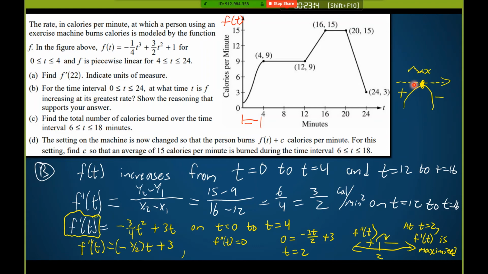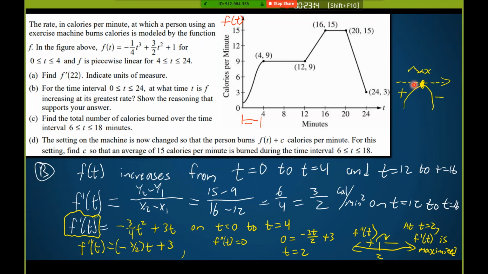So for the entire graph, 0 to 24, where is the slope of f of t as big as possible? What time? Anyone? 0 to 4. 0 to 4, more specifically, what time? 2. 2, perfect.